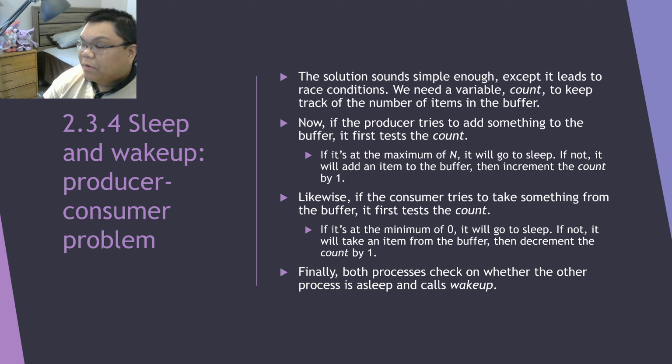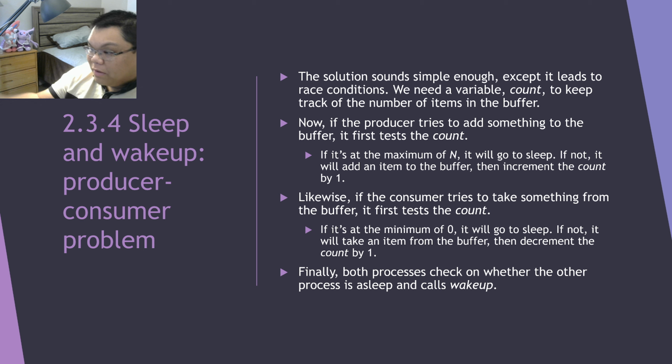The producer checks the count, makes sure there's room to add stuff to the buffer. Likewise, the consumer checks the count also, makes sure there is something to take from the buffer. If neither case is true, then the processes will go to sleep to be awakened by the other process.